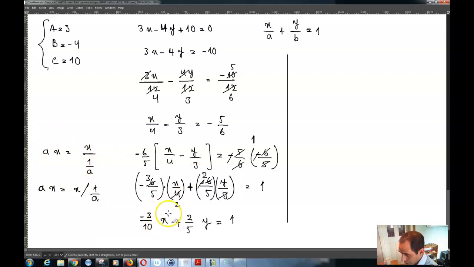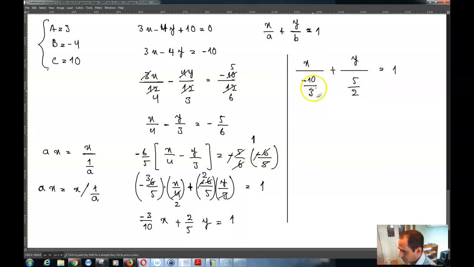So now you can take your x and divide it by the reciprocal of this, which is negative 10/3. And you can take your y and divide it by the reciprocal of this, which is 5/2, is equal to 1.